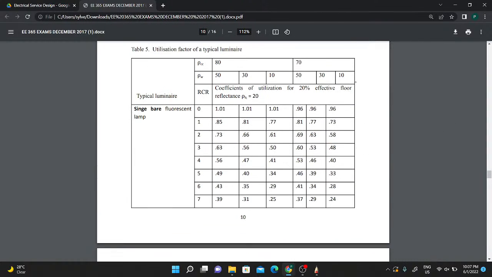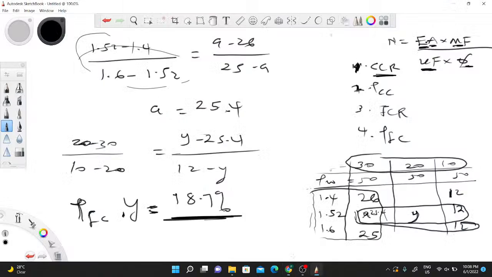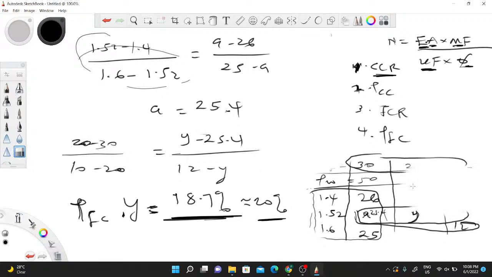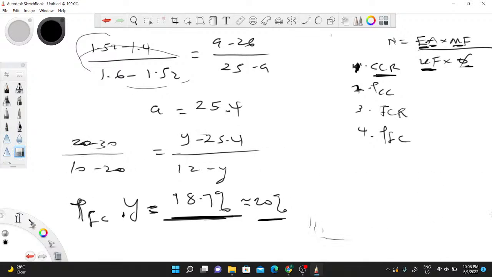We don't have a table of row FC of 18, so we'll use a row FC of 20. Our table has row FC 20, so we'll approximate this to be 20%, because we have a table that has row FC of 20. That's all. All right, now we have our row FC. Amazing. Let's move on.